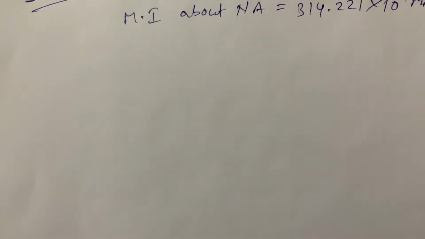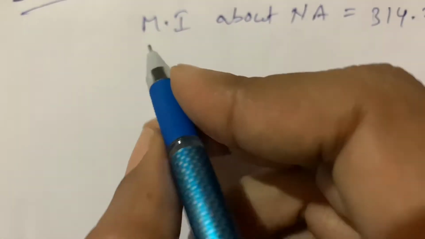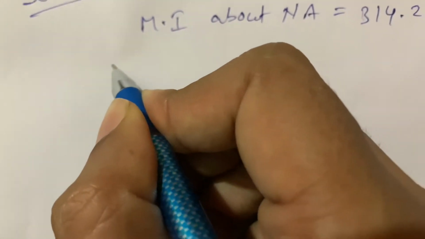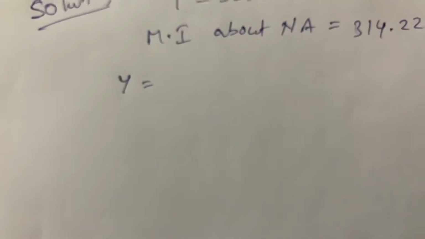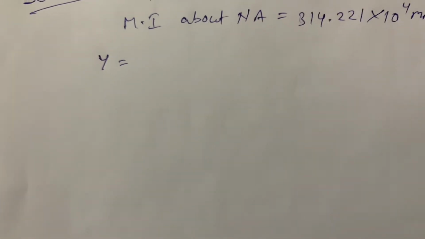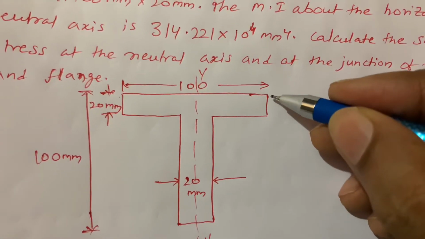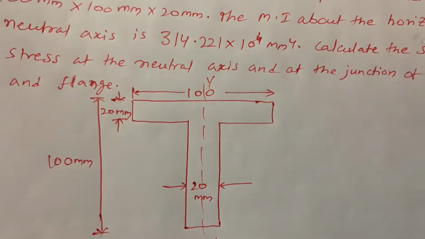So first we have to find Y bar, the distance of the center of gravity of the section from the top of the flange. We calculate Y bar from the top of the flange downward to the neutral axis.